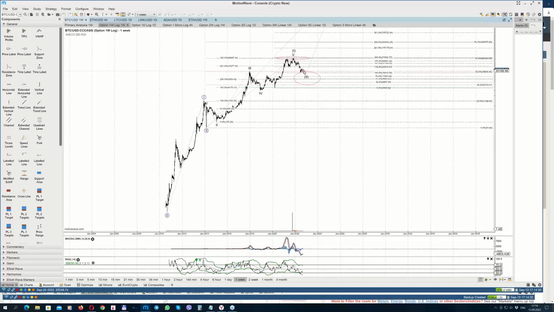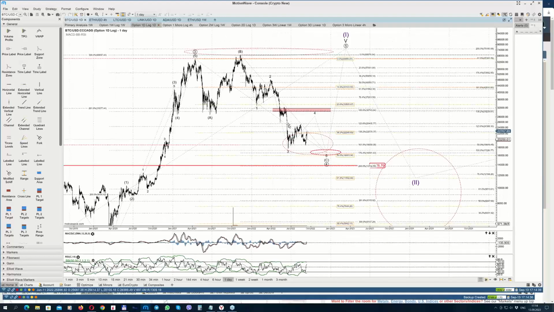This count supposes slightly lower extension in the wave 2. Take a look here, please. Waves A, B, and C of the wave 4, and then potential extension towards wave 5 of 1. Below 30,000 region, this wave 4 shouldn't be considered as completed.